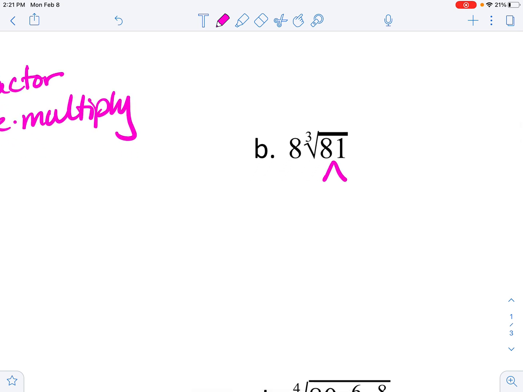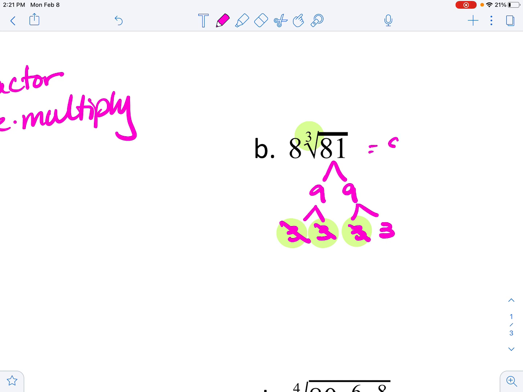So 81 is 9 times 9, which gives us 3 and 3, 3 and 3. How many slices of bread do I need? How many 3s do I need? I need 1, 2, 3. That means I can take 3, 1 3 comes out.